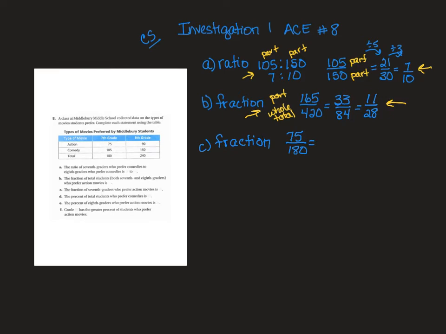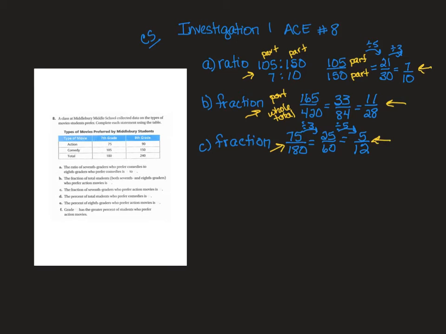Okay, and I'm going to divide that by 3, and I'm going to get 25 over 60. So I'm dividing by 3, just to be clear what I'm doing. And now I know that I can divide both by 5, and I'm going to get 5 over 12. And so again, I set up my fraction and I simplified.